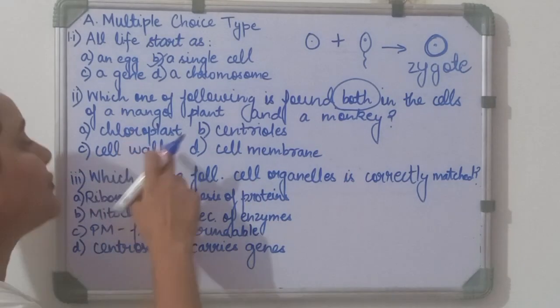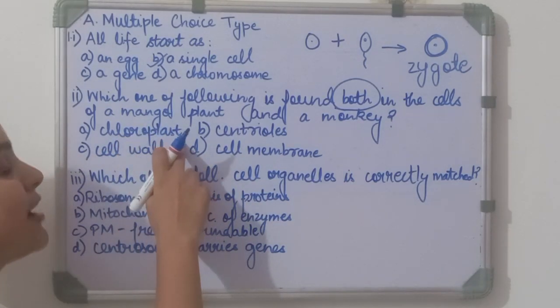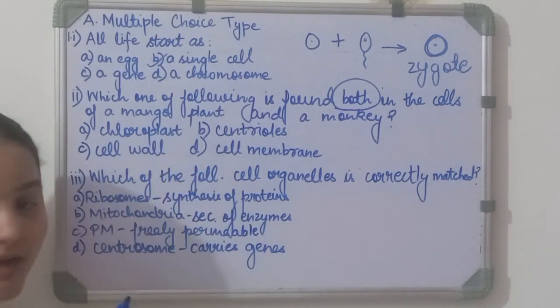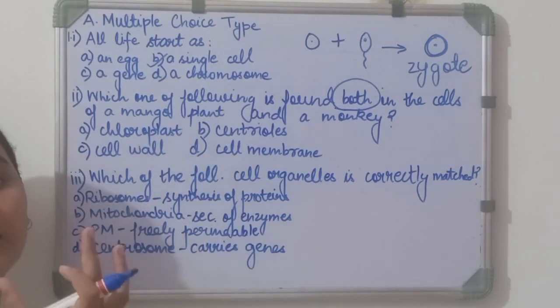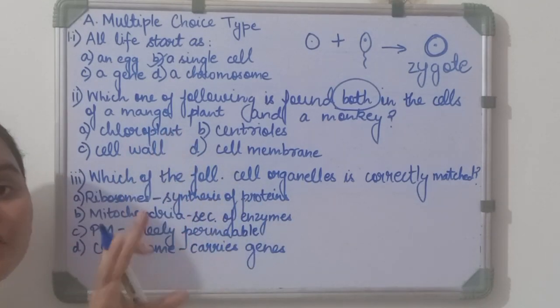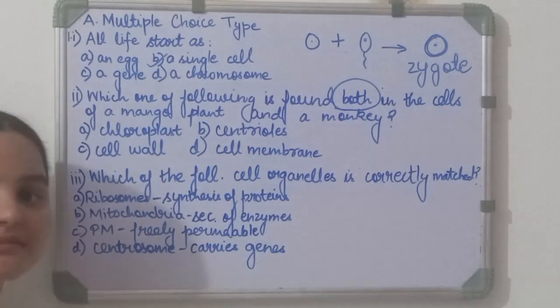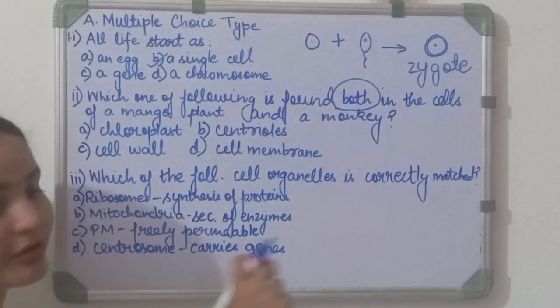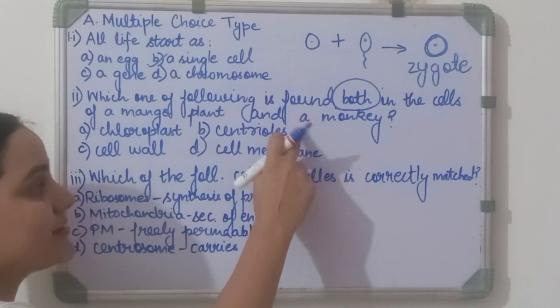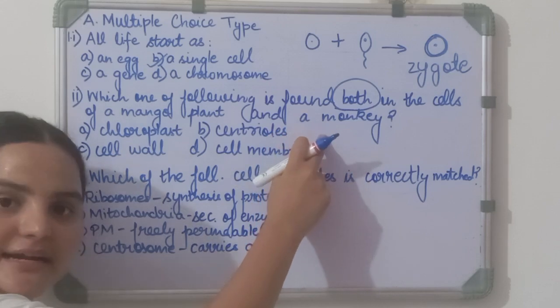So we know this chloroplast is found only in case of plants because this chloroplast has a green colored pigment called chlorophyll, which is responsible for the process of photosynthesis in plants through which they make their food. This centriole is found only in case of animals because they help in cell division.